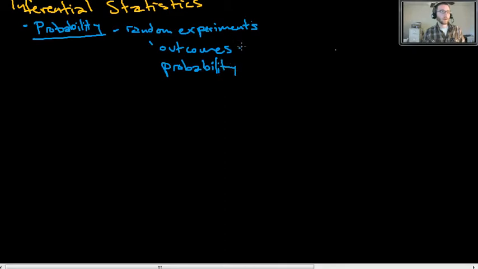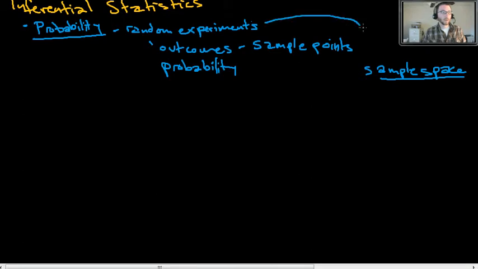One other thing: another name for these outcomes, just to get our nomenclature down, was sample points. And we were pulling these sample points out from a sample space. So the set of all the possible outcomes was called the sample space. And so what the experiment did was it took the sample space and it spat out a specific sample point, basically.